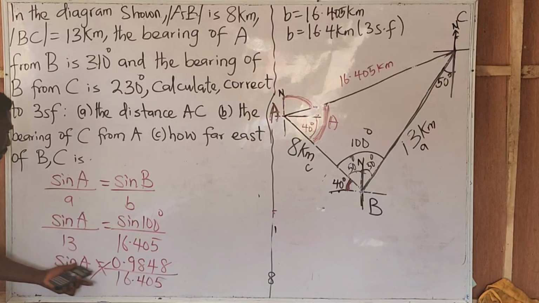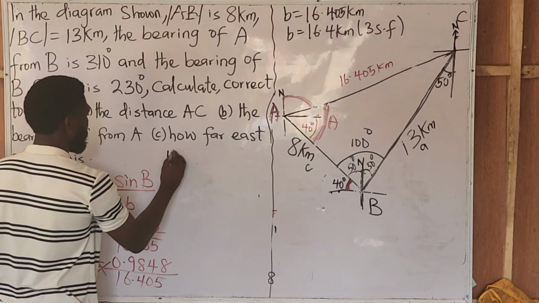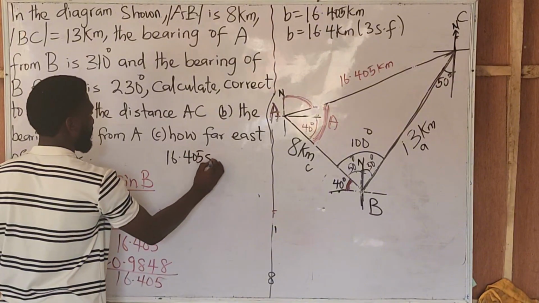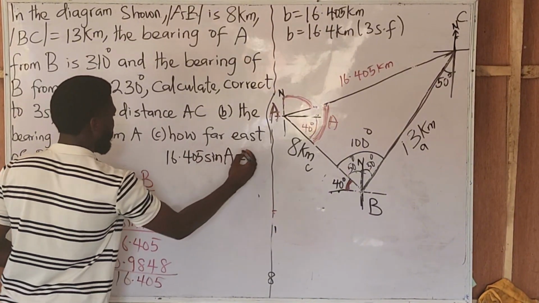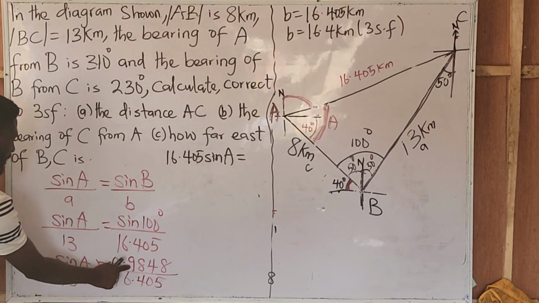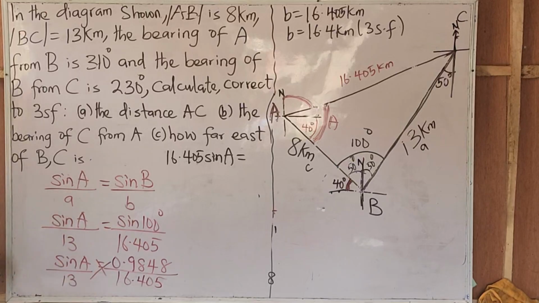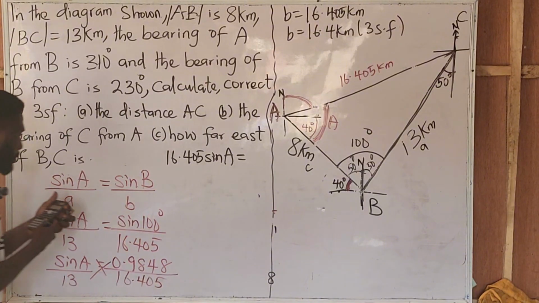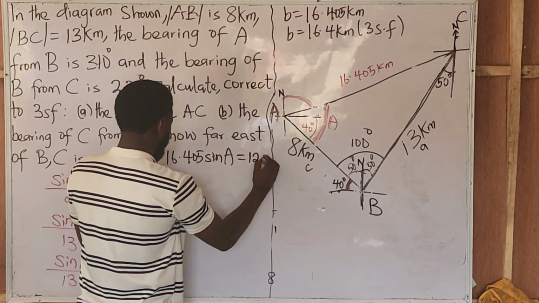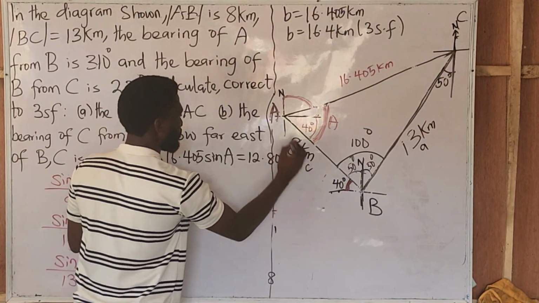So sine A multiplied by this will give us 16.405 sine A, then equals to 0.9848 multiplied by 13. That gives us 12.8024.